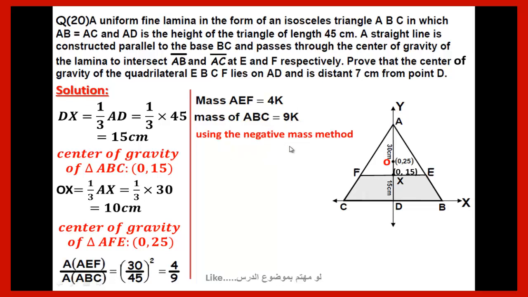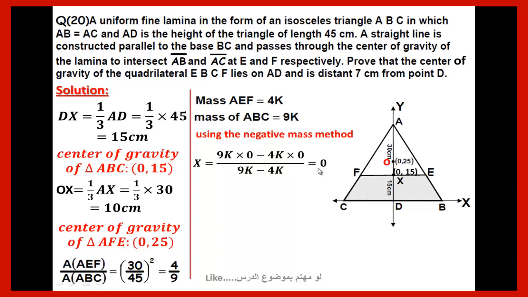Then using the negative mass method by subtraction, we can deduce X, the x-component of the center of gravity of the trapezium EBCF, equals 9K multiply 0 minus 4K multiply 0 over 9K minus 4K.